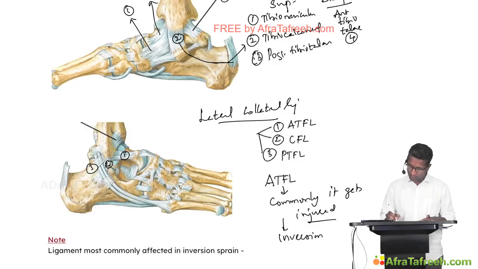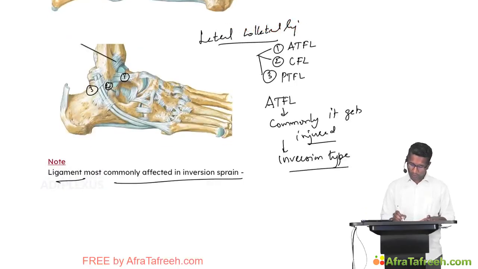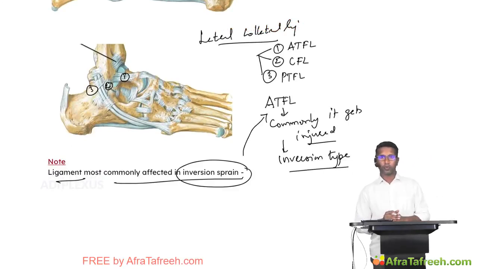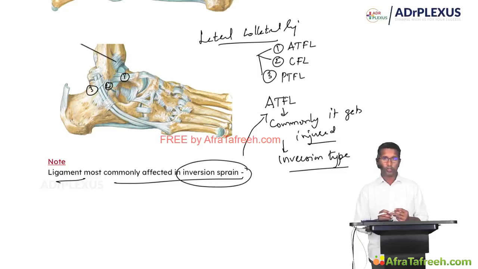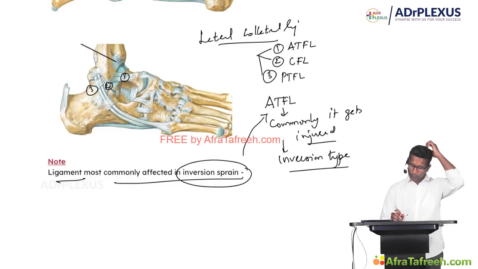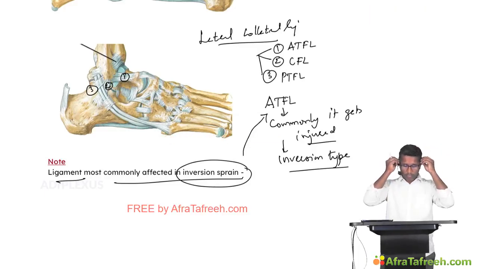The ligament most commonly affected in inversion sprain is the anterior talofibular ligament. So these are the ligaments which surround the ankle joint.